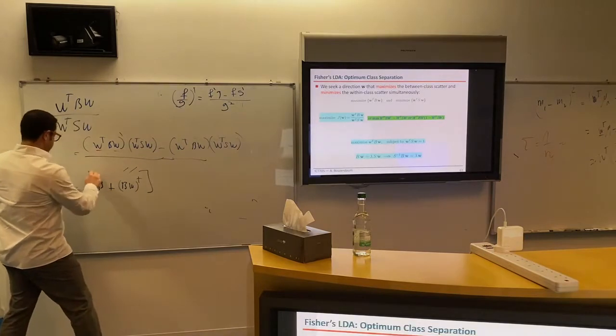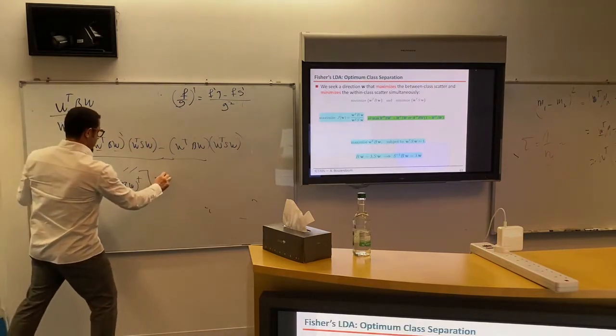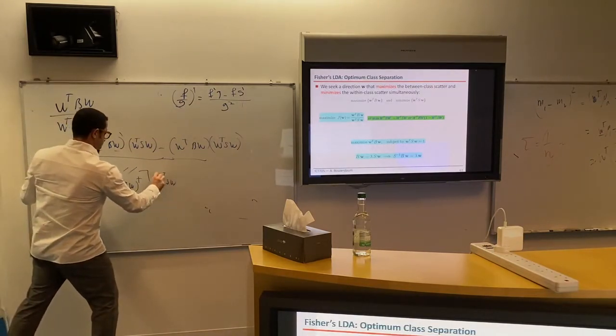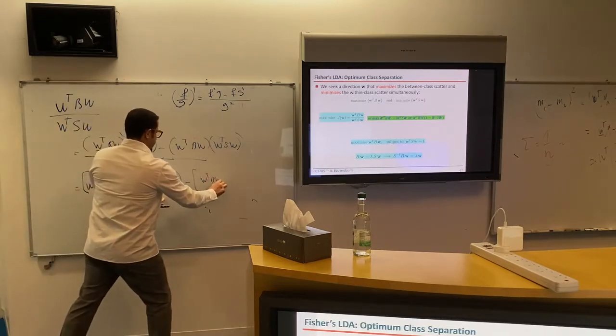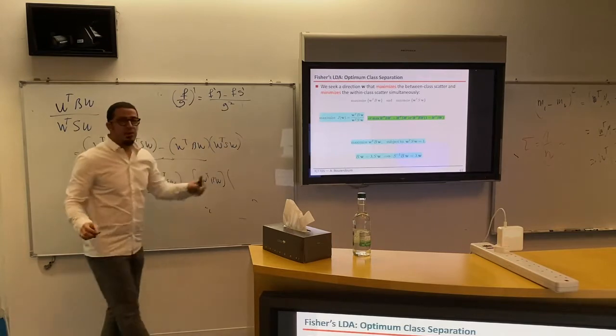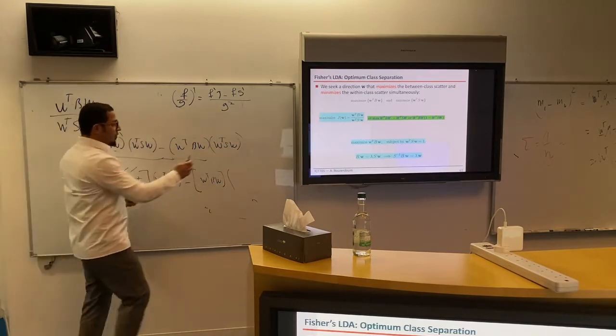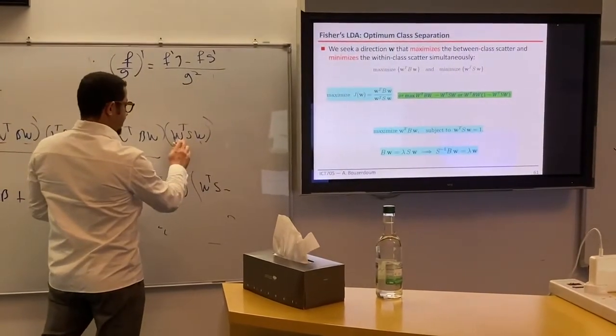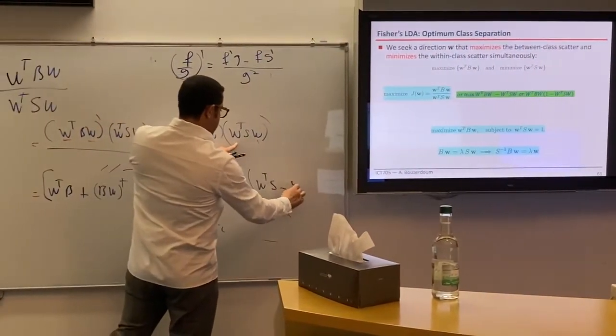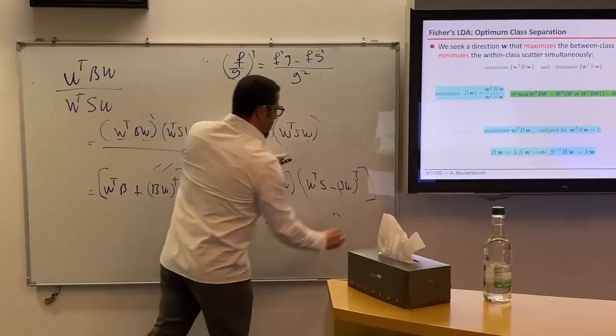Times. Minus, again here. What is the derivative of this one? If we do it on the first one, it will be itself, minus, if we do it on this one, S W transposed.